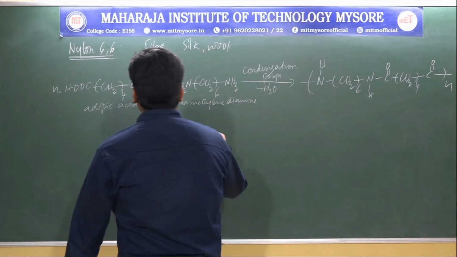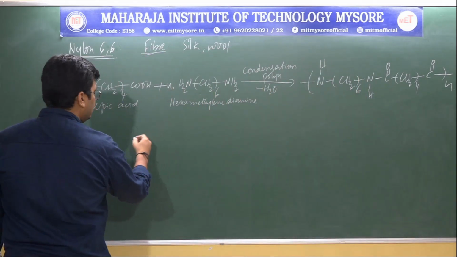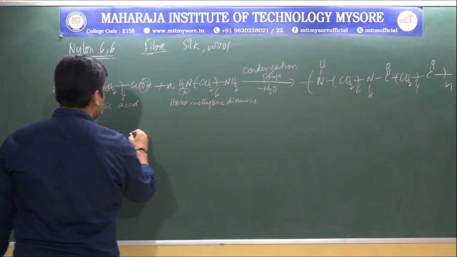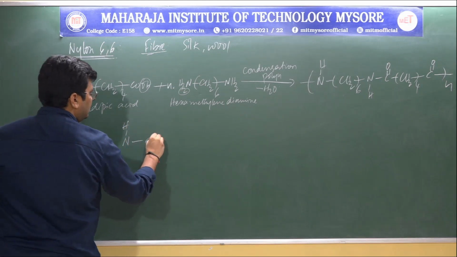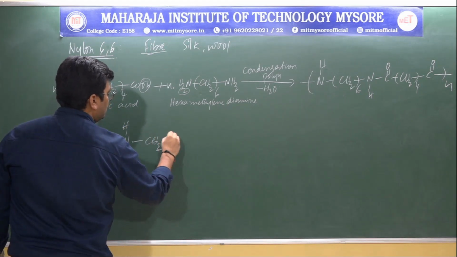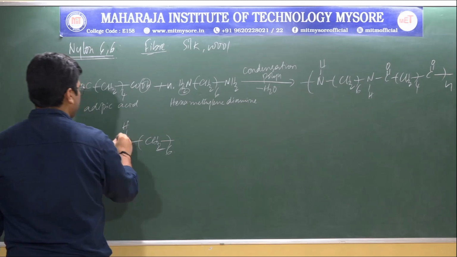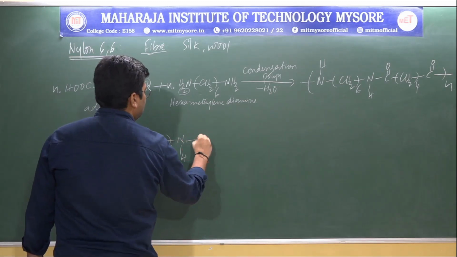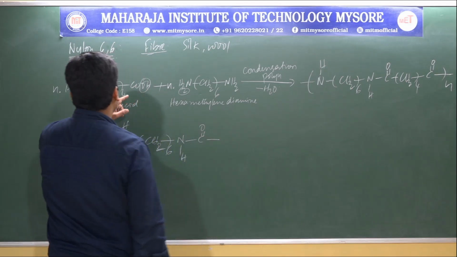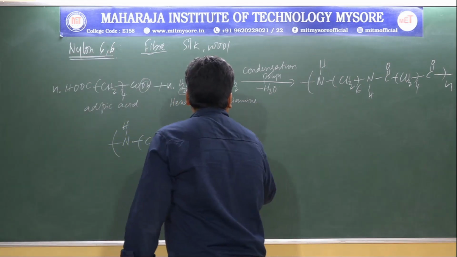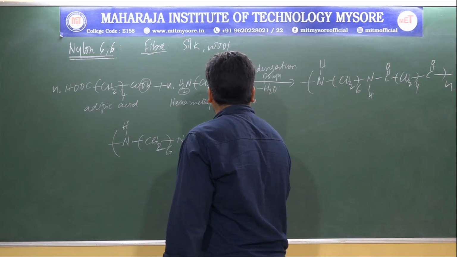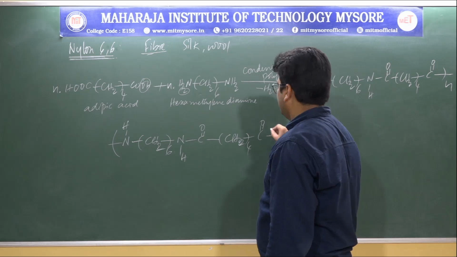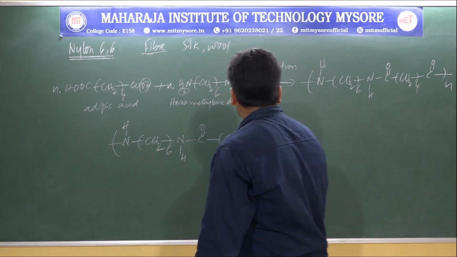Once again, I will write this. When these two undergo condensation, OH and H will go, and what remains is NH-(CH2)6-NH-C=O-(CH2)4-C=O.